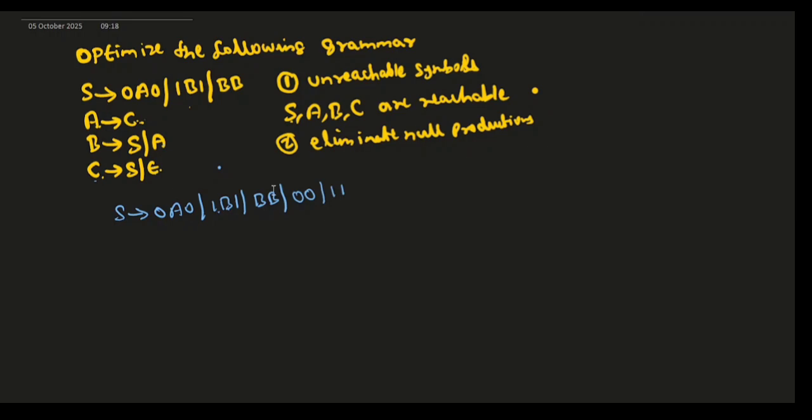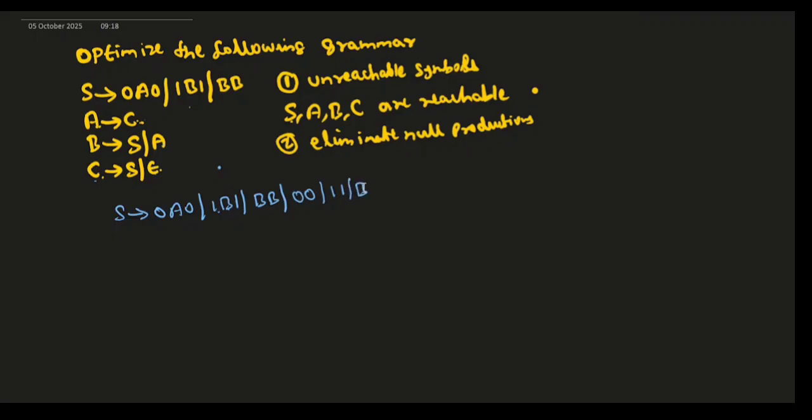Now we can substitute epsilon in only one B, because when we substitute epsilon in both B's, we will get epsilon again. The ultimate purpose of this is to eliminate epsilon productions, isn't it? So you substitute only one epsilon in one B, and what will be the answer?